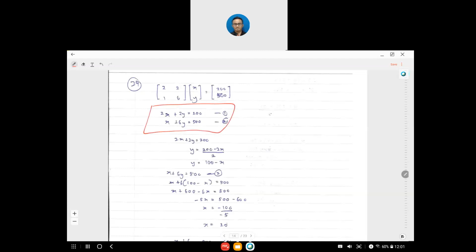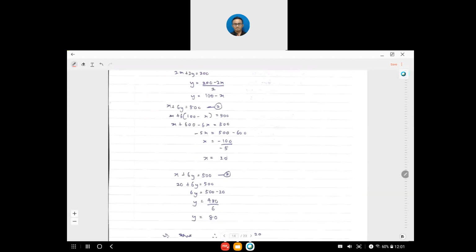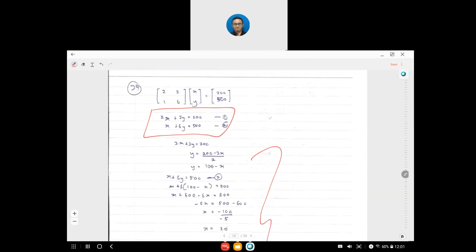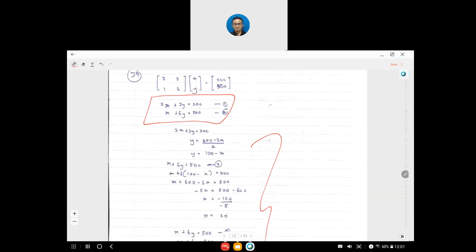Kalau dia dah suruh cakap dalam metric form, awak tak boleh solve guna ni, tak boleh. Okay, awak kena solve guna matrix, Gaussian elimination method. Okay, bukannya guna solving system linear equation. Sebab dia dah cakap situ. Okay, write a system of linear equation in metric form.